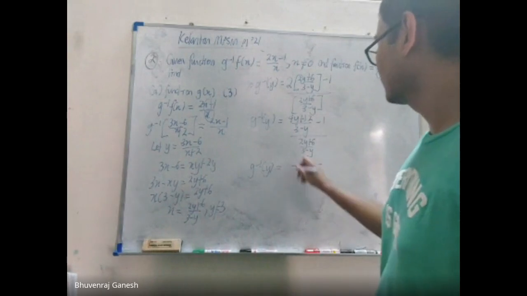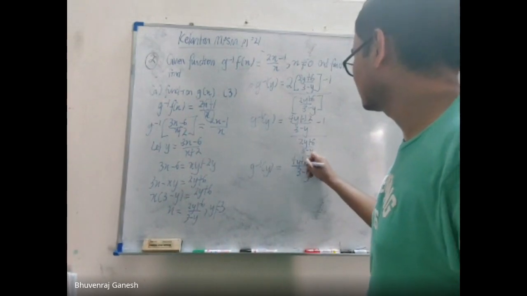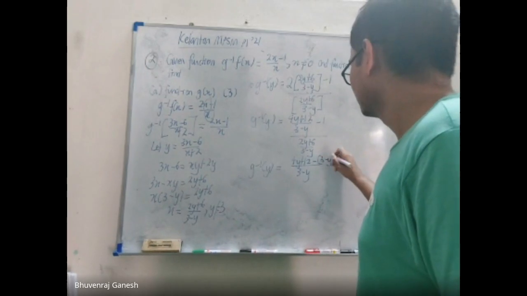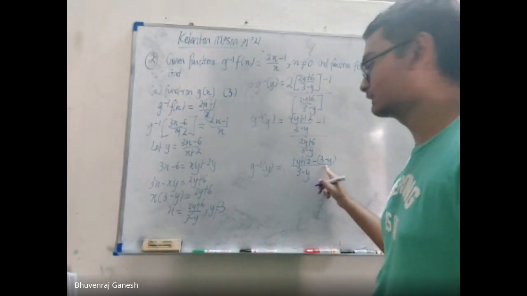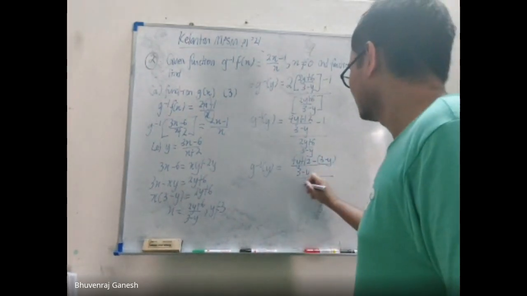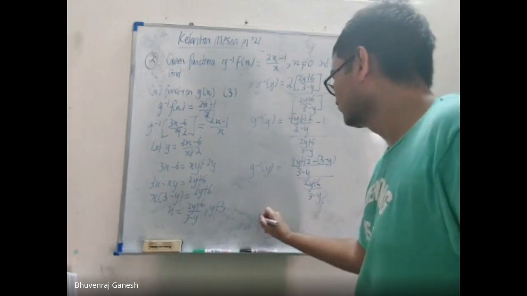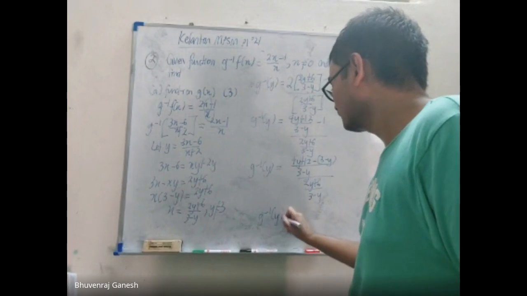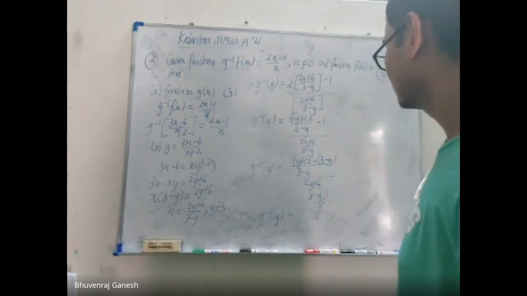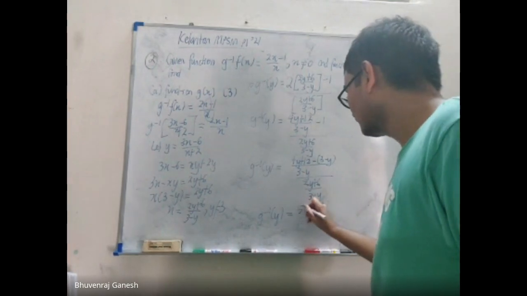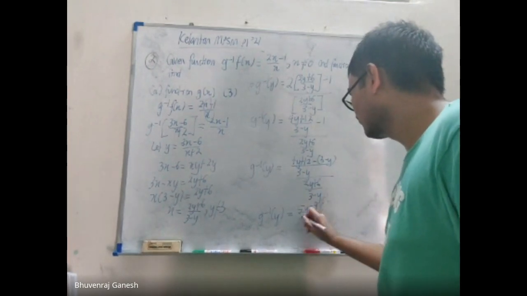So you will get 4y plus 12 minus (3 minus y). Make sure you put the bracket here, or else you'll have wasted your effort. Over 2y plus 6 over 3 minus y. So g inverse y will equal, you expand the bracket, 5y minus 9 over 3 minus y.